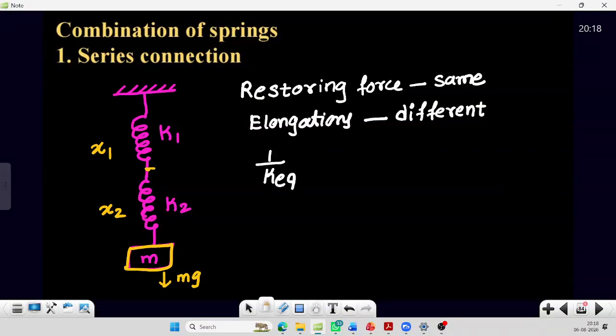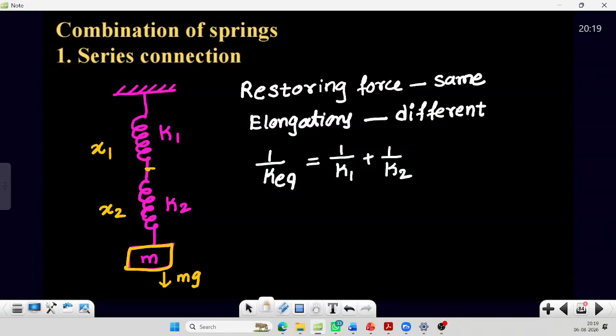That is called the equivalent spring constant. The equivalent spring constant is 1 by K equivalent equals 1 by K1 plus 1 by K2.